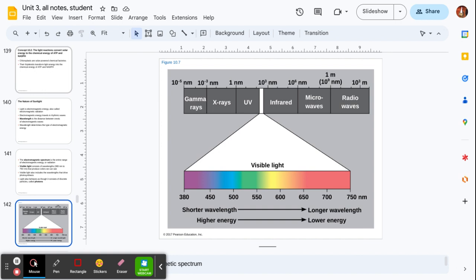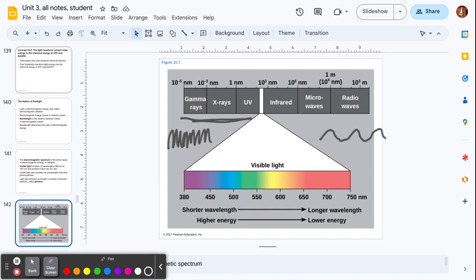So here I've got, and these things that are up here that we're not going to talk about. So again, these are the ones that are like really, really, really high wavelength. The ones down here are super low. Gamma rays, X-rays, UV rays.